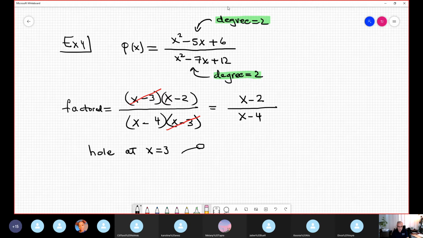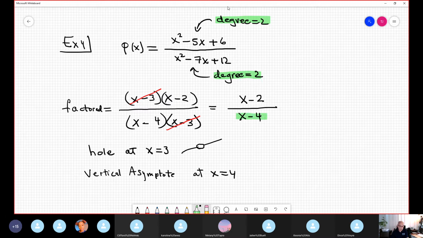This is a curve, and we have a hole. It's a small circle, completely open, no? And however, we have a vertical asymptote only at x equals 4, which is the factor that stays alive in the denominator.